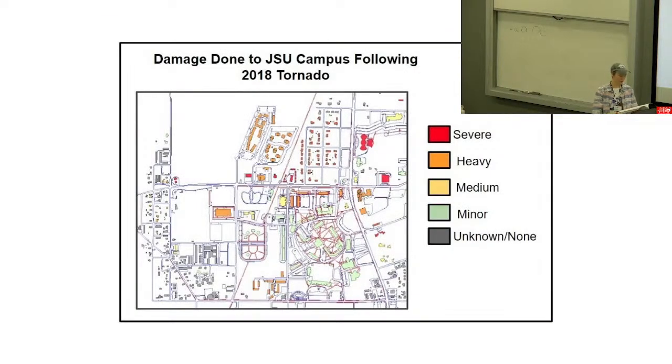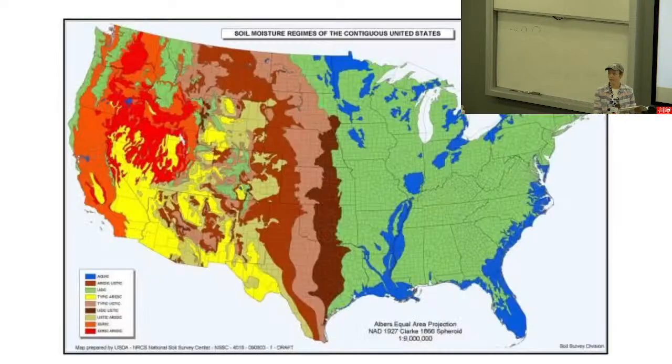So here's an example of a thematic map. The theme here is the damage done to the JSU campus. It's colorful, it's got a lot going on, and it's telling us about this area. A lot of times you see thematic maps with political maps. In my class we talked a lot about those. Here's soil moisture.